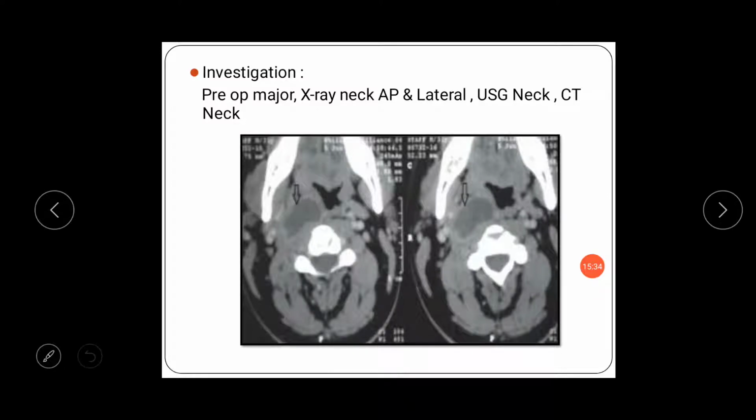CT scan gives you an idea about the exact size, amount of pus and extent of the parapharyngeal space infection. In this diagram, this is a CT scan in which you can see that there is an abscess just lateral to the pharynx and medial to the medial pterygoid muscle, and this is the parotid gland. So this is the parapharyngeal space infection, which is medial to the mandible and medial pterygoid muscle.